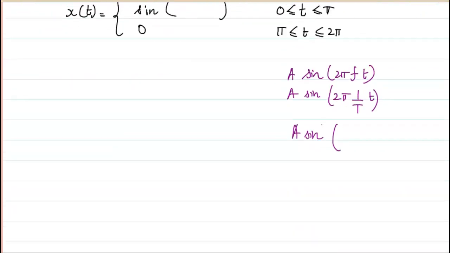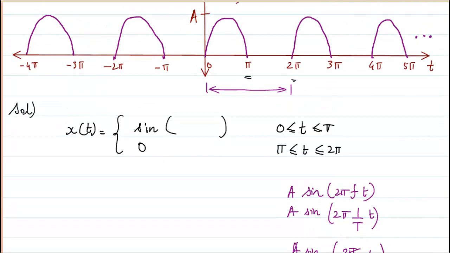So it is 2 pi divided by 2 pi into t, where 2 pi and 2 pi cancel and we get A sine t. So this is my equation of the wave x of t within a period.